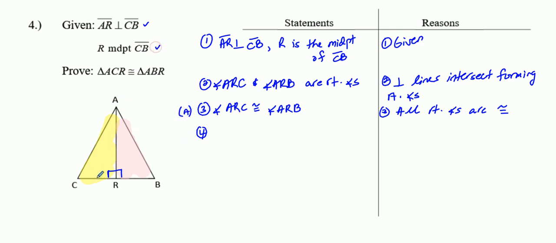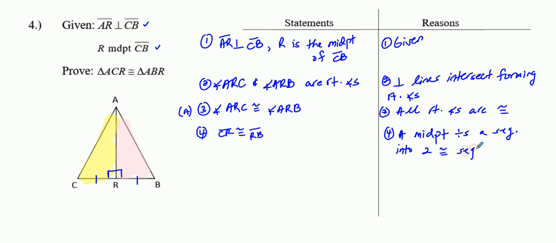Next, we're given a midpoint. That tells us CR and RB are congruent to each other based on the definition of a midpoint. That is, a midpoint divides a segment into two congruent segments. Now I'm out of given information. I have a pair of angles congruent and a pair of sides congruent. So looking at my picture, I notice the two triangles share side AR.